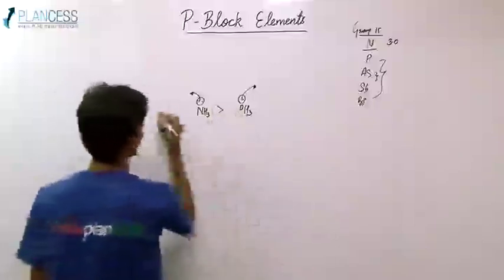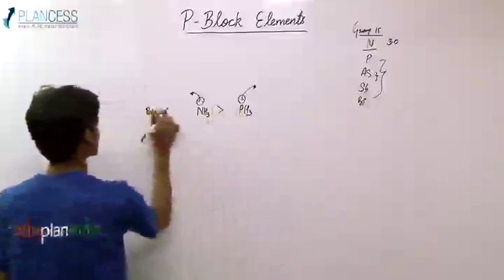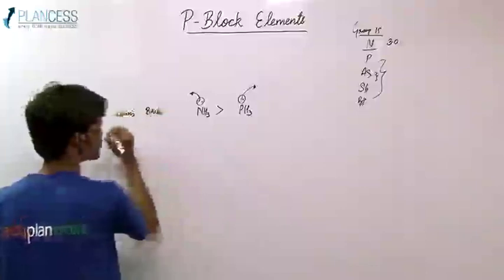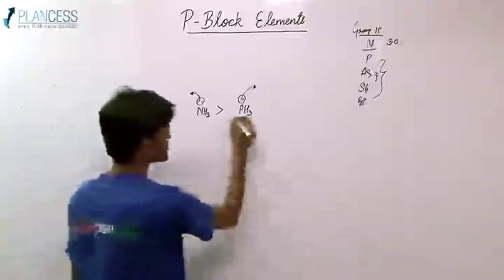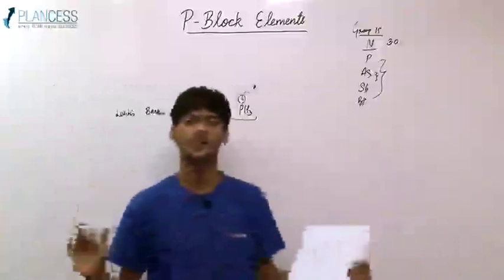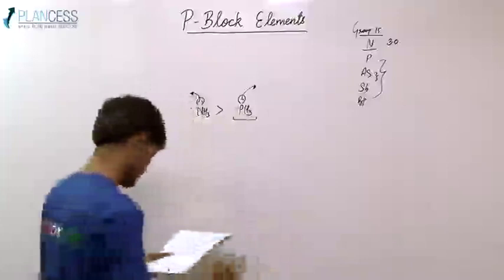So NH3 is greater than PH3 as far as Lewis basicity is concerned. Remember just one thing: hybridization doesn't apply to phosphine, or PH3 gas.